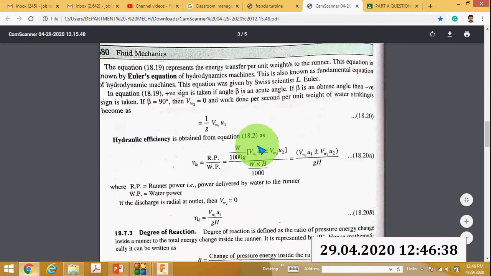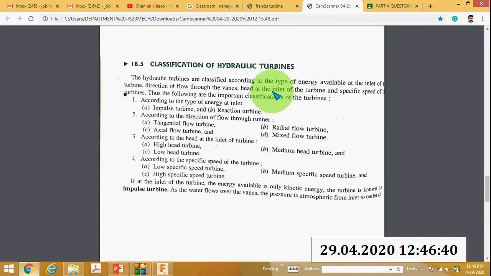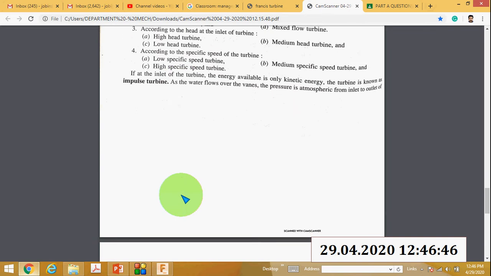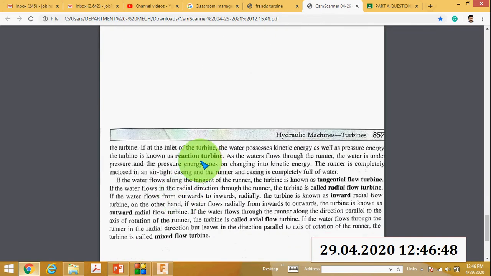Then another important thing is the classification of turbines. I have already explained what an impulse turbine is. Then there is a turbine called a reaction turbine. In a reaction turbine, the water possesses kinetic energy as well as pressure energy.